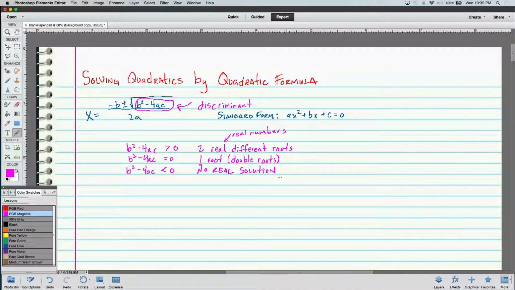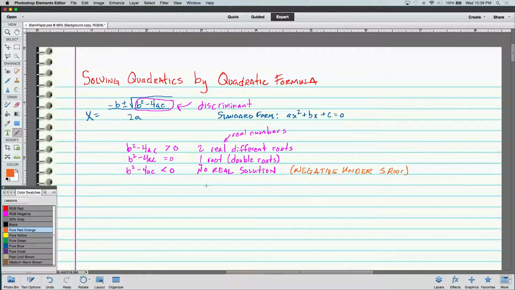Now, for my examples that I'm going to do today, I'm going to use problems in which there is an actual solution. But just keep this in mind: when we have a discriminant that is a negative value, when there's a negative under the square root, there's going to be no real solution.